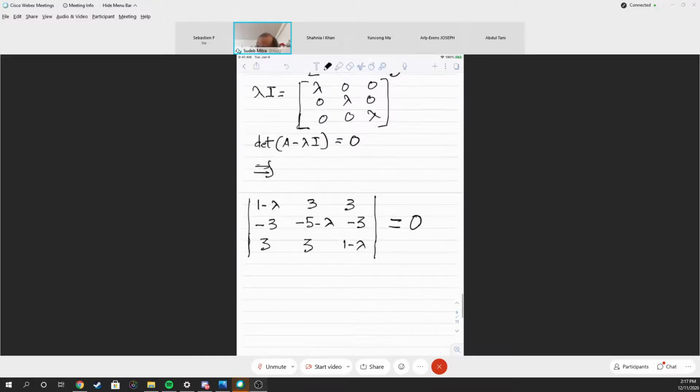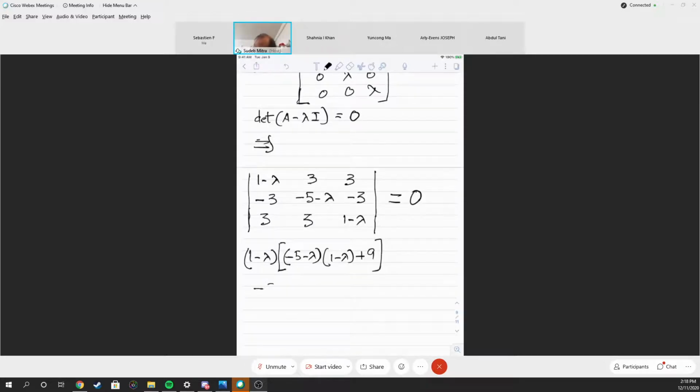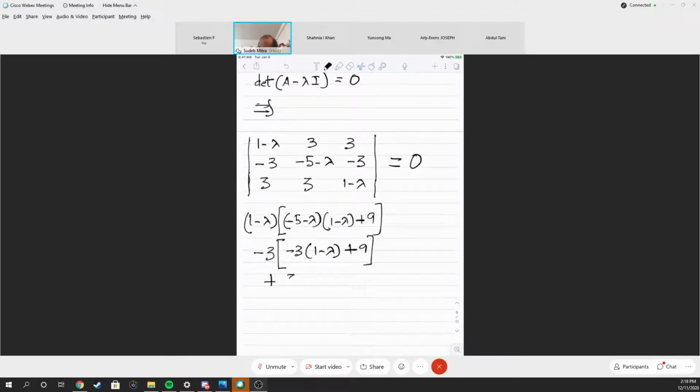So then let us do this carefully. 1 minus lambda times minus 5 minus lambda, 1 minus lambda, minus 9, minus 3 times 1 minus lambda plus 9, plus 3 times minus 9 minus 3 times minus 5 minus lambda.